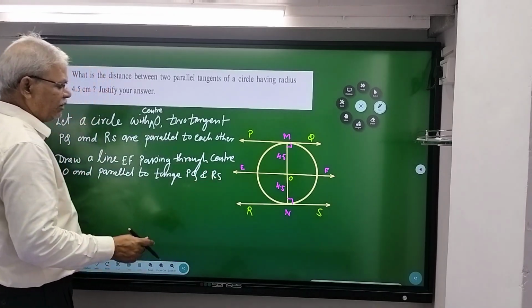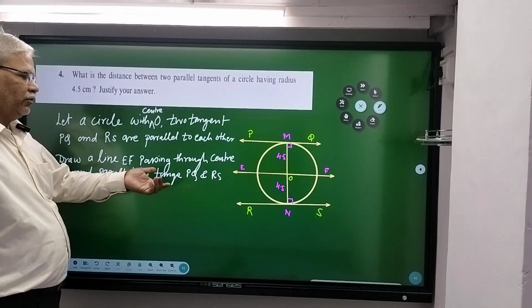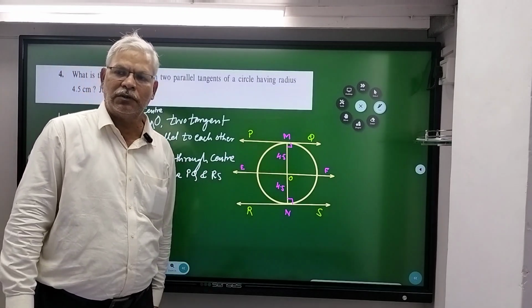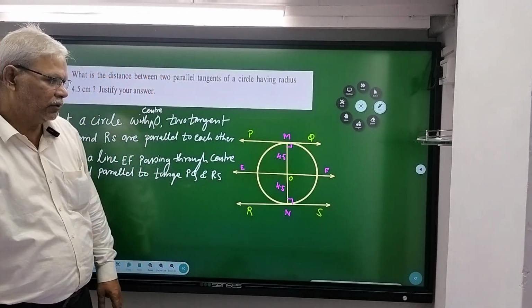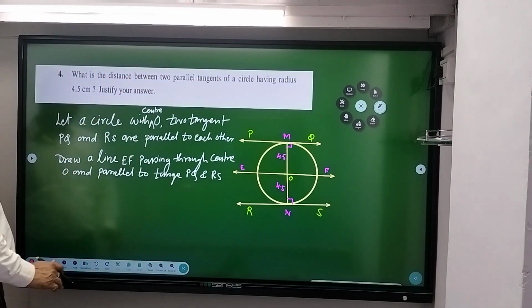If you draw parallel to any one, it will be parallel to the other also. Okay?